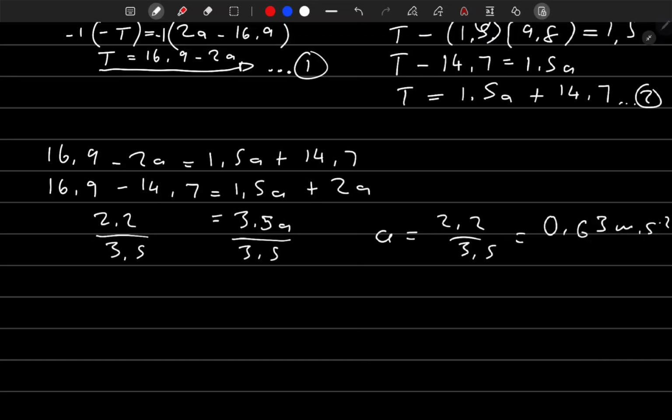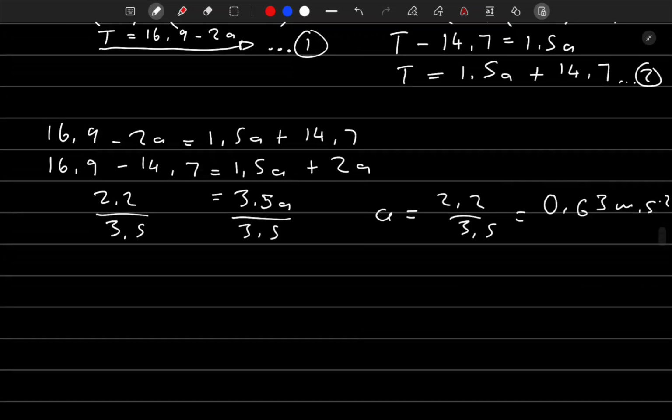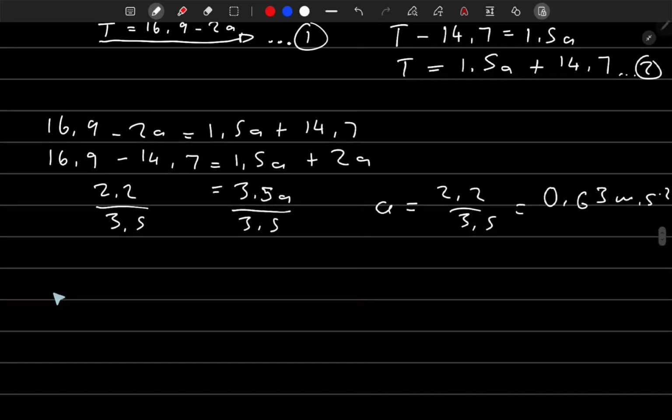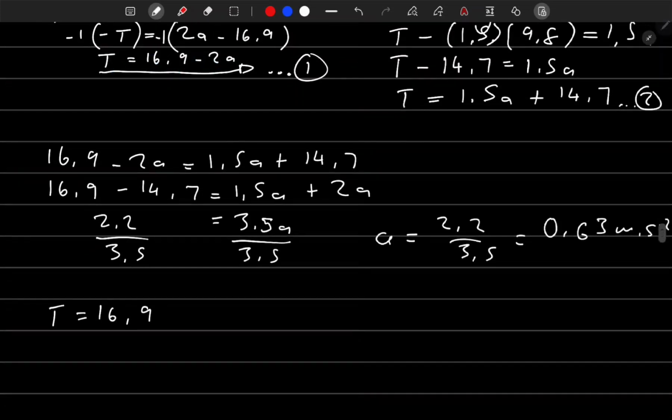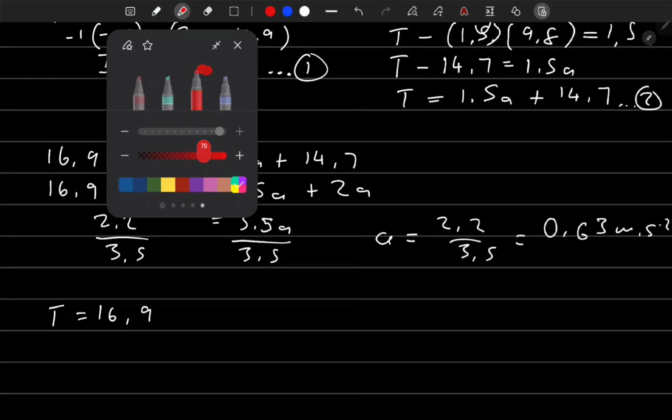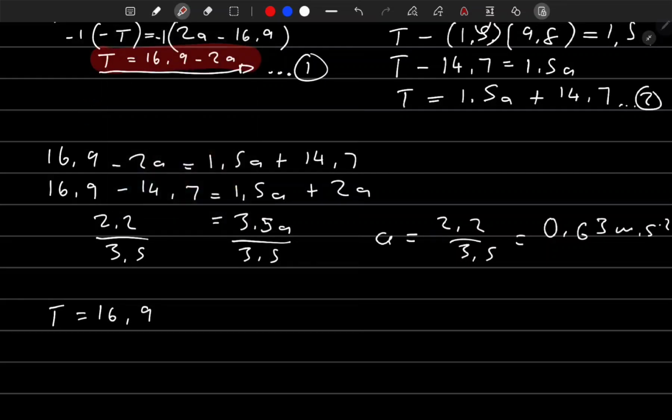We could also, however, find the tension in the rope. To do that, we say tension is equals to 16.9, which is this part here. Why is it so thick? Let me just tone it down. This part here, right? So T is equals to 16.9 minus 2a.